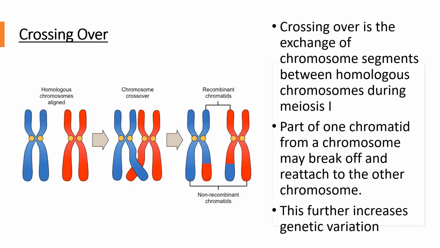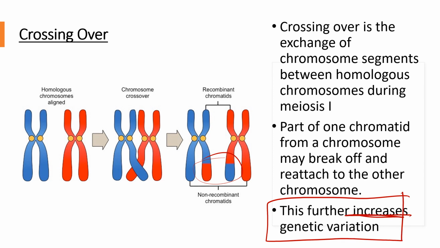All right, one of the last things I want to go over here is that you noticed in the previous slides they were blue and pink, and then they kind of switched little tails here. This is called crossing over. So during metaphase 1, when the homologous chromosomes, remember these two are homologous chromosomes, line up, their DNA actually crosses over and exchanges some information. This makes genetic variation increase even further, right?